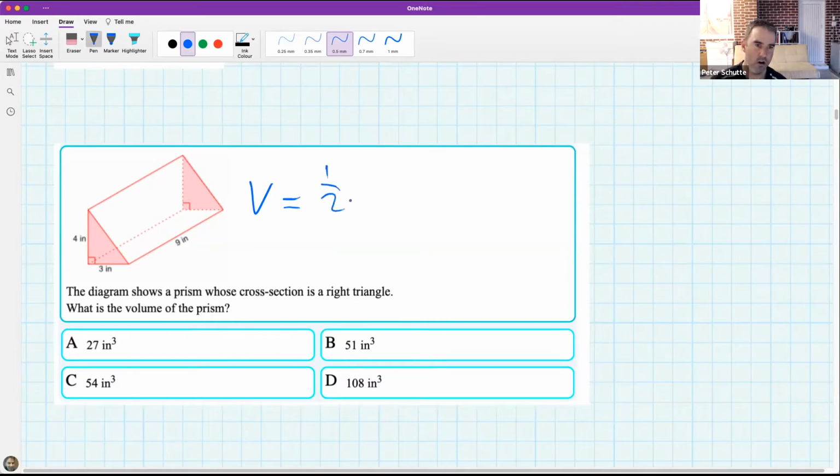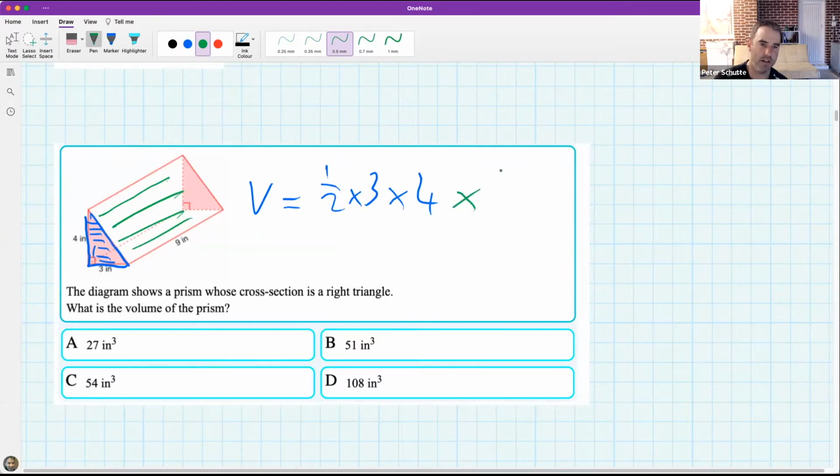Okay, so a half. We are looking for the right angle, so a half times 3 times 4 gives me the area of this thing. But in order for it to be a volume, I need to take into account, it's almost like Toblerone, there's a whole bunch of triangles behind each other. And so we times it by 9.